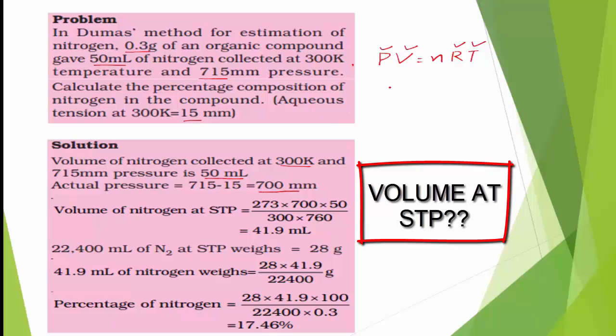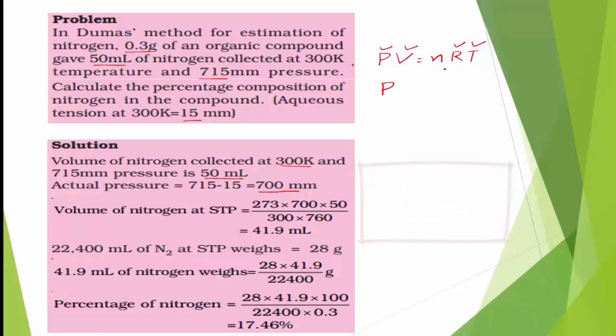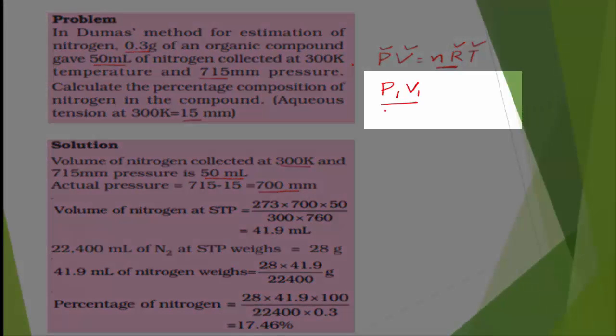How much volume at STP will there be? Since these two quantities are constant, we can say P1 V1 by T1 equals P2 V2 by T2.